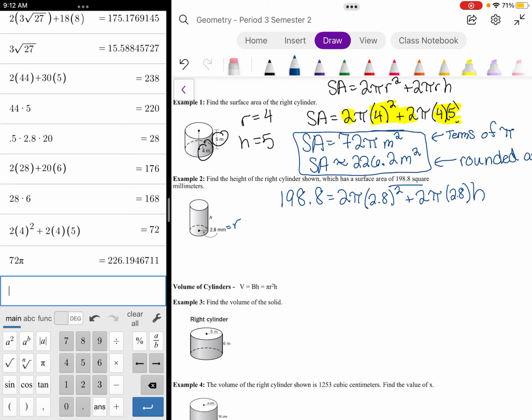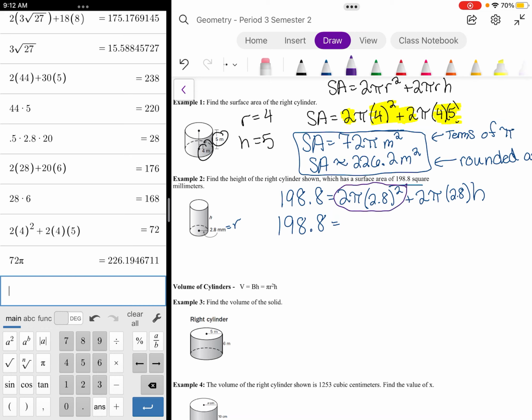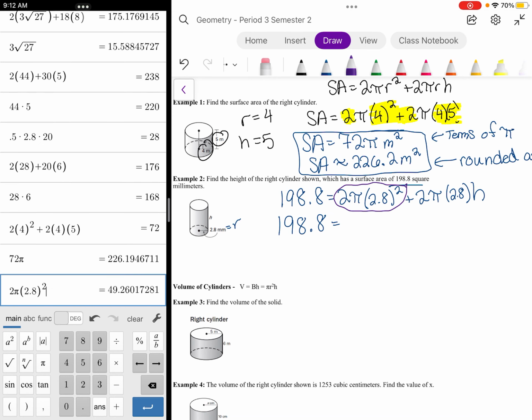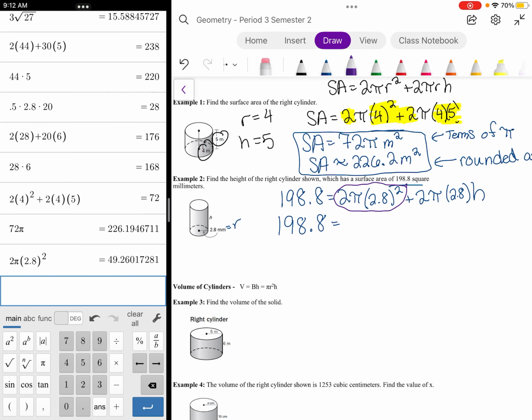Now our goal here is to get our height by itself. So we're going to take 198.8 and put that equal to something, and we need to figure out what this is going to equal. We're going to take 2 pi times 2.8 squared, and because this is not our final answer, we're going to round to 4 decimal points.